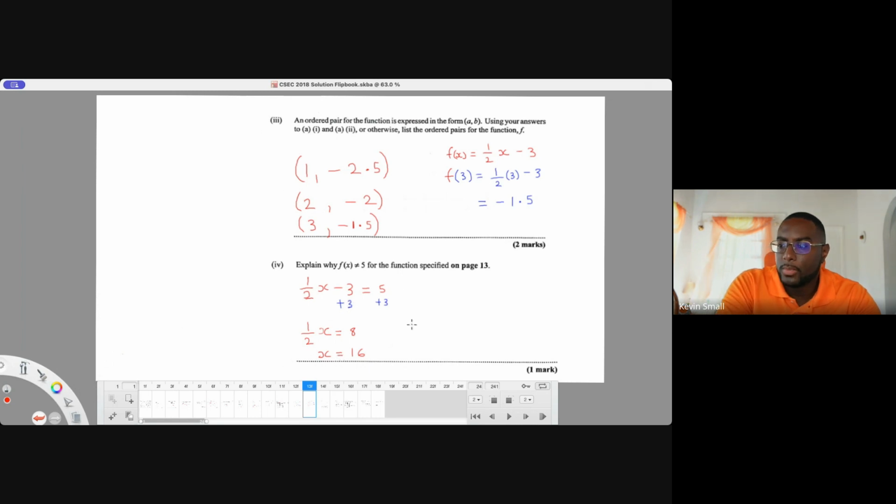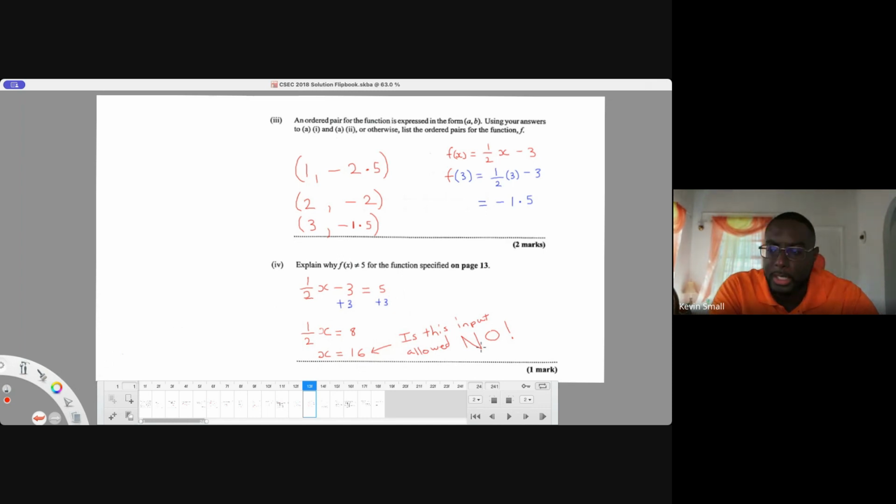So now, is 16 the input? Is this input allowed for the function? No. Remember, the inputs were only 1, 2, and 3. So if that input is allowed, then this output cannot exist for this function. Okay?